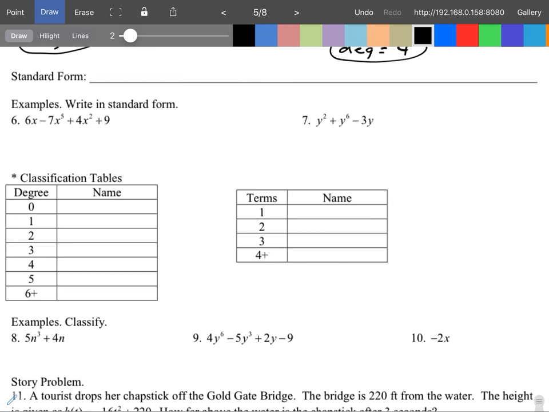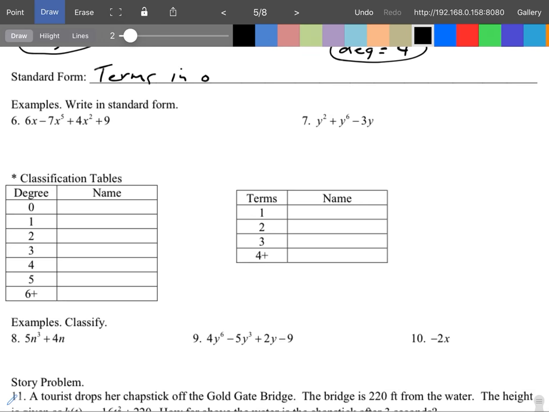Standard form is going to be the terms are in order from greatest to least degree.